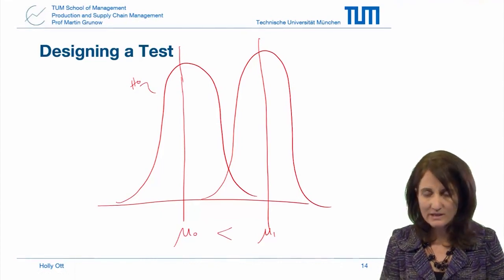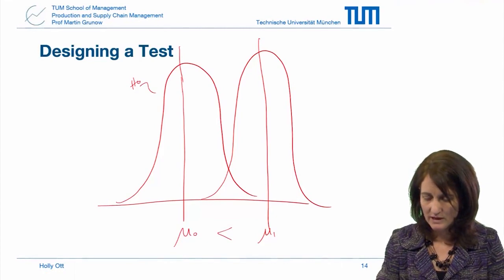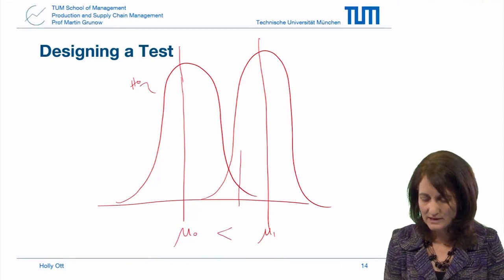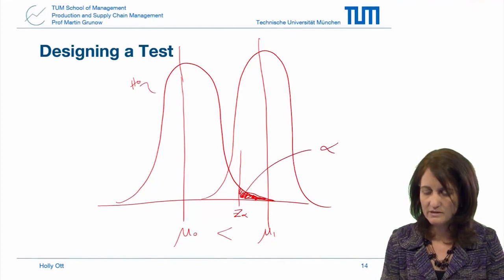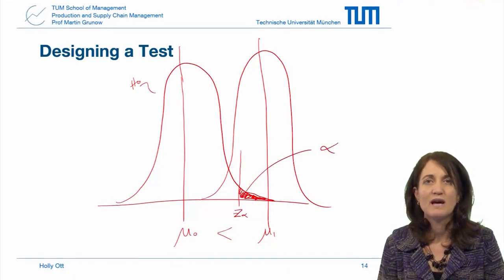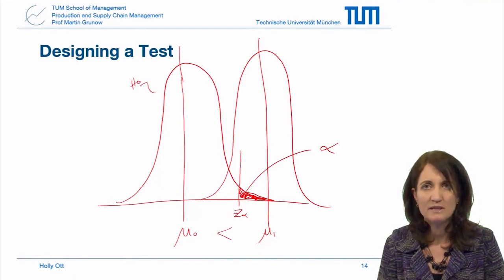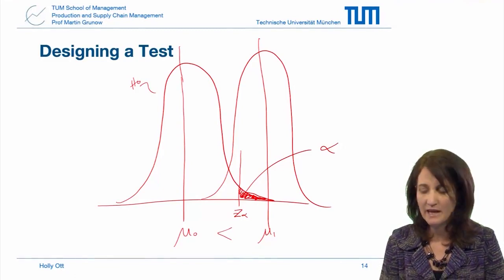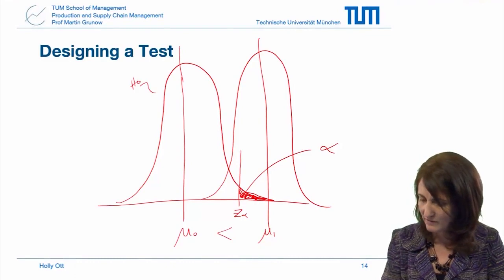And we have decided to choose, you remember, an alpha level, a Z alpha level, such that this value here is very small. This is so that we have a low probability of accepting the claim when it is not valid.